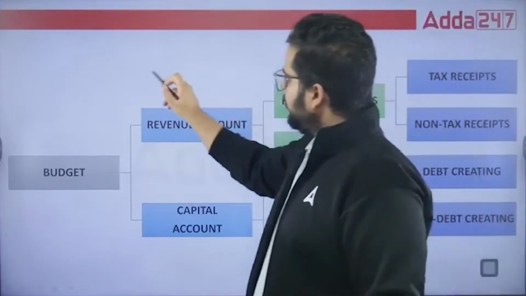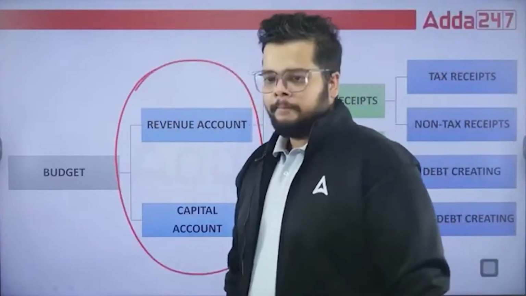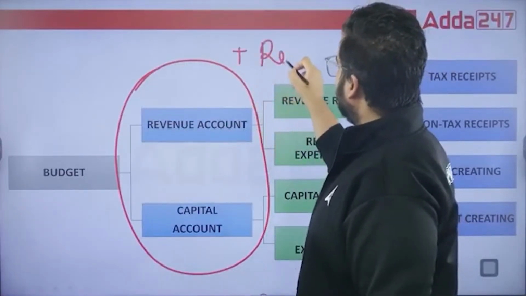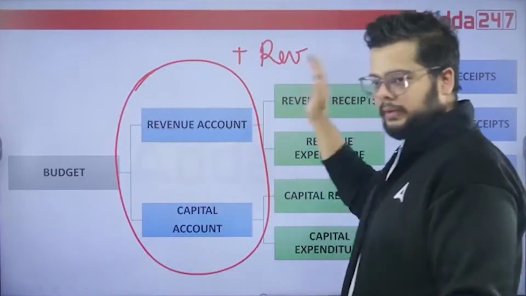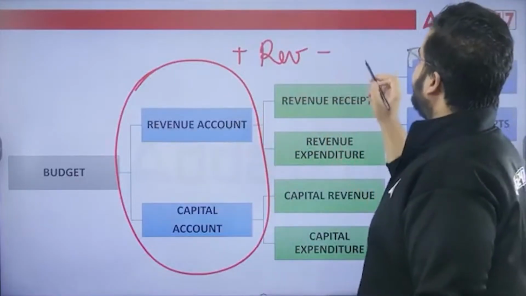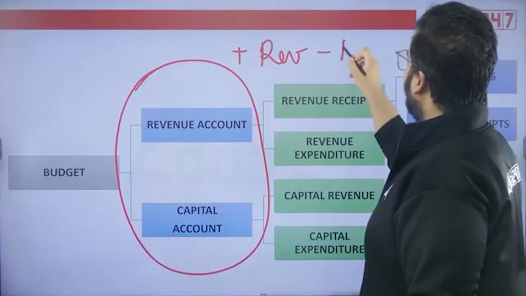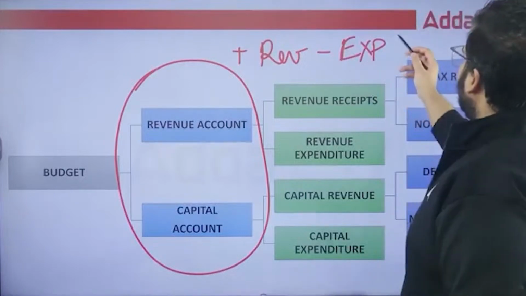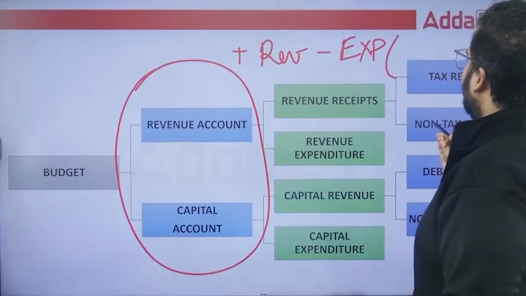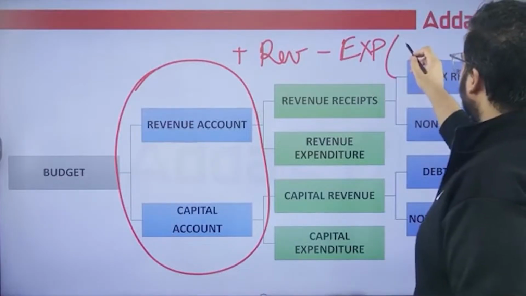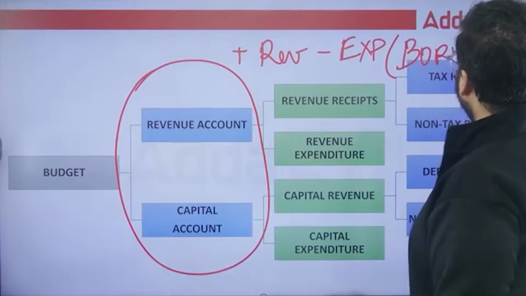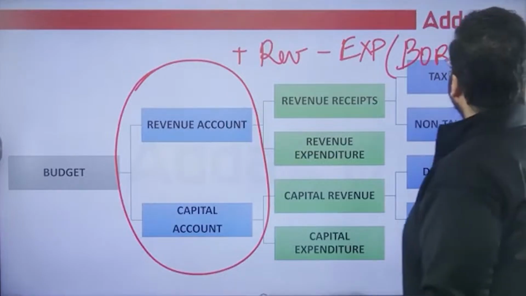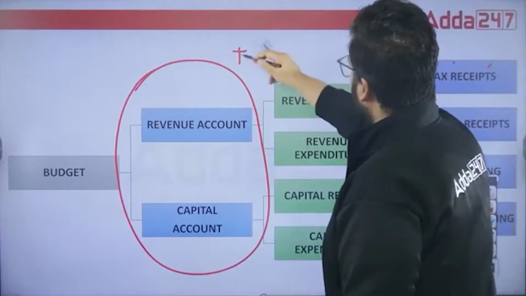So when I talk about these two accounts, the entire amount of revenue, that is total revenue, will be calculated from these accounts. It will be subtracted from the expenditure which you are doing as a country. And this particular expenditure has a part which is known as the borrowings. Or to state it simply, you can reverse this formula so that you can easily understand what we are talking about.